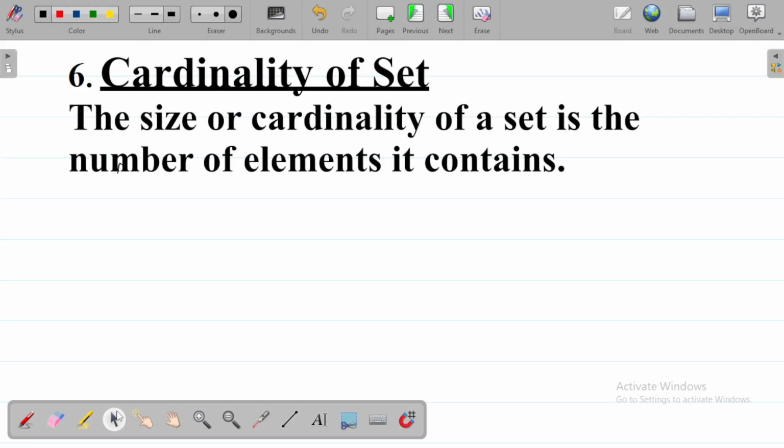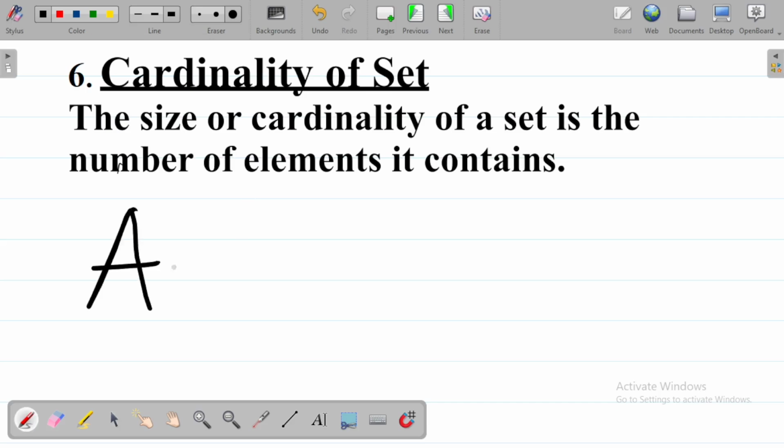All right, so let's consider the next one, cardinality of a set. The size or cardinality of a set is the number of elements the set contains. Let's take an example.